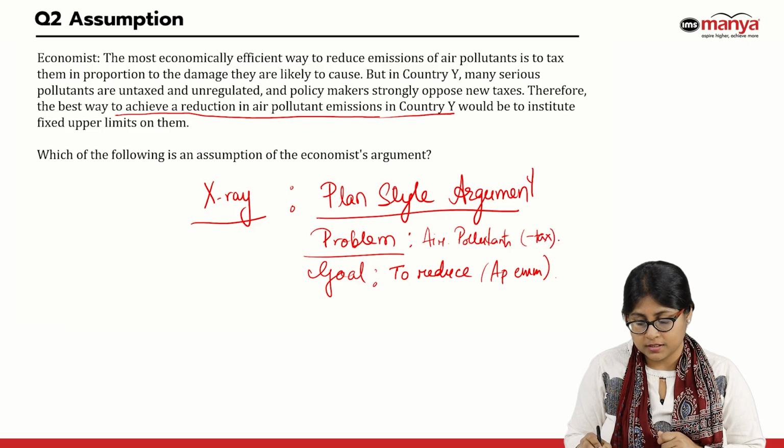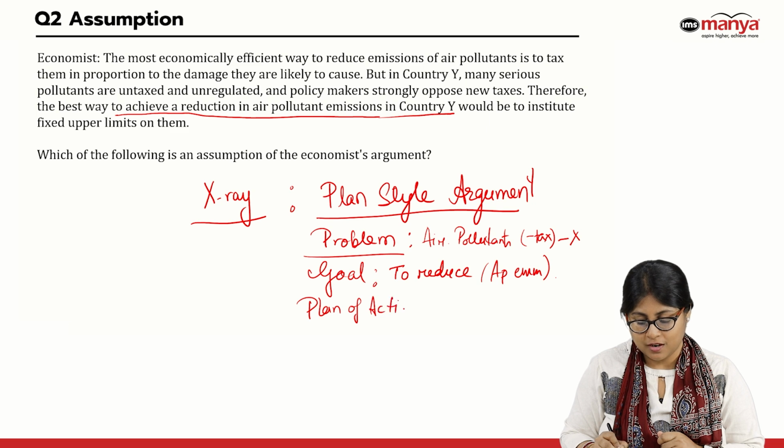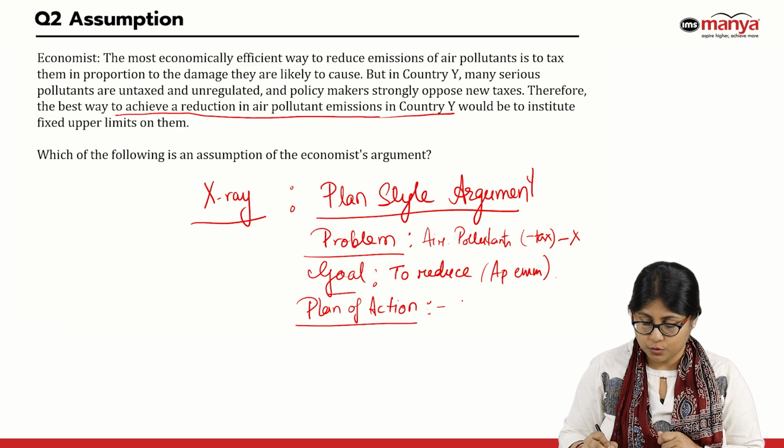Taxing is not possible, that is a problem, and because we want to achieve this goal of reducing air pollutant emission, what is the plan of action that the economist is suggesting? He is suggesting to institute fixed upper limits on the air pollutants.